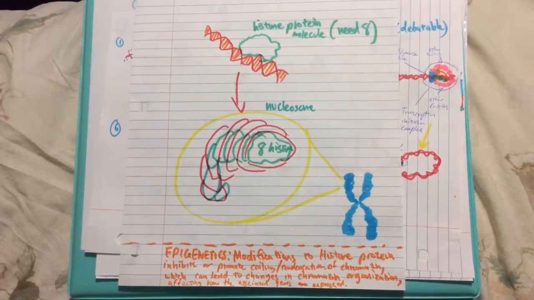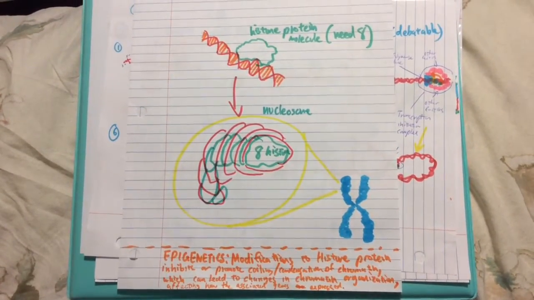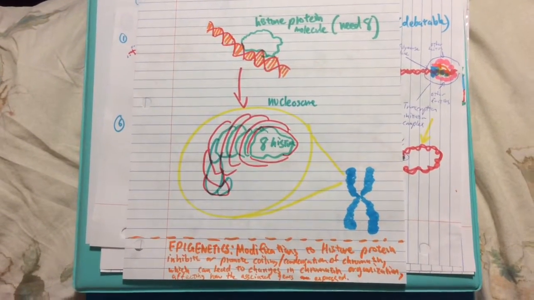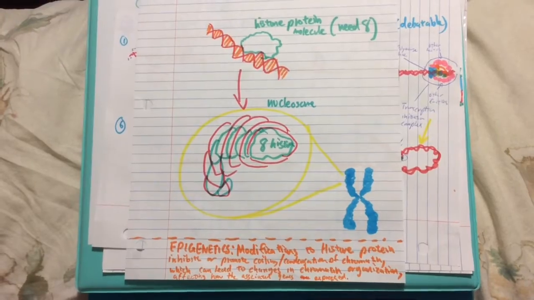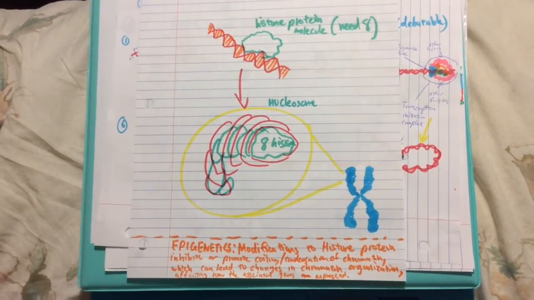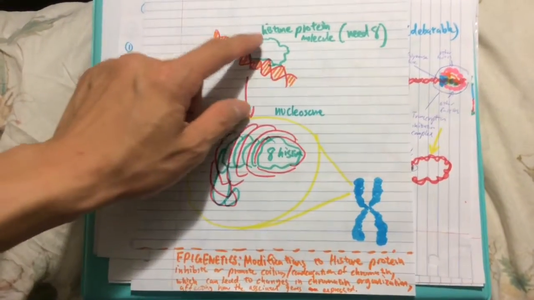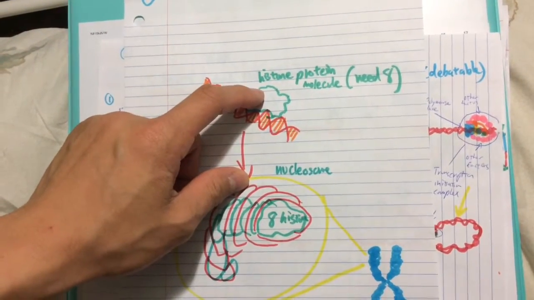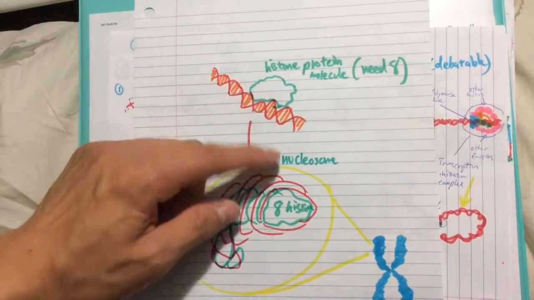So, how do we actually fit a very, very long strand of DNA into a very, very small chromosome? In order for us to package such long DNA, we have these histone protein molecules, of which we need 8 in order to form a nucleosome.